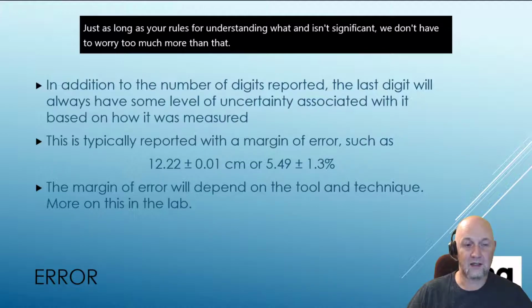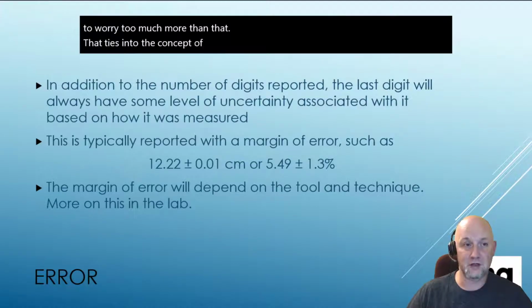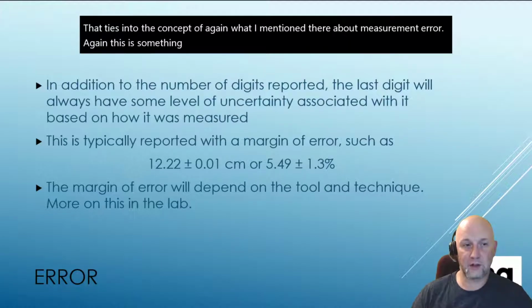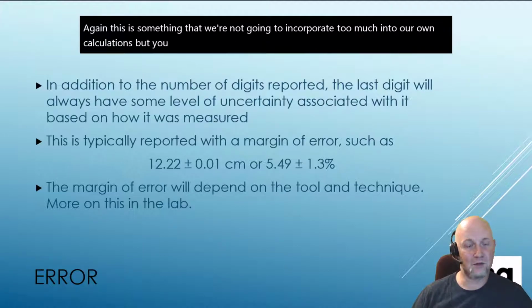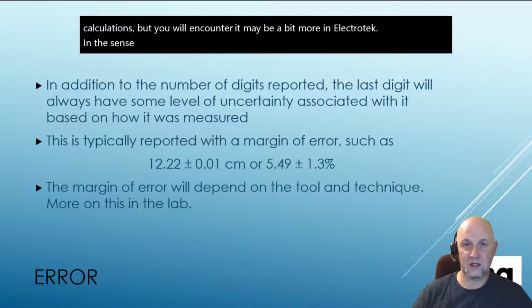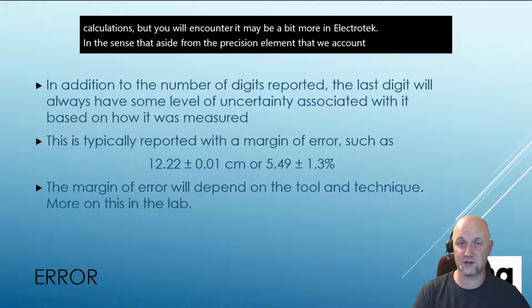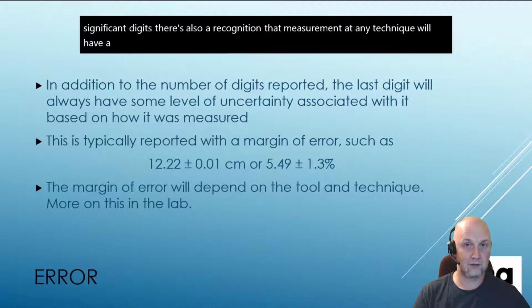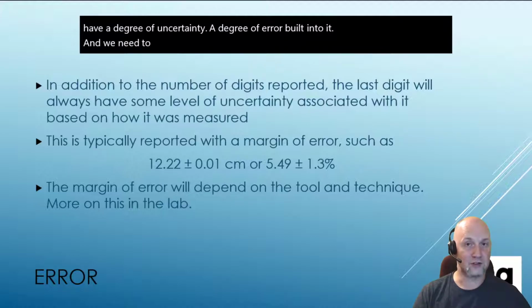That ties into the concept of, again, what I mentioned there about measurement error. Again, this is something that we're not going to incorporate too much into our own calculations, but you will encounter it maybe a bit more in electrotech, in the sense that aside from the precision element that we account for with our significant digits, there's also a recognition that any measurement, any technique, will have a degree of uncertainty, a degree of error built into it, and we need to kind of report that and understand that.